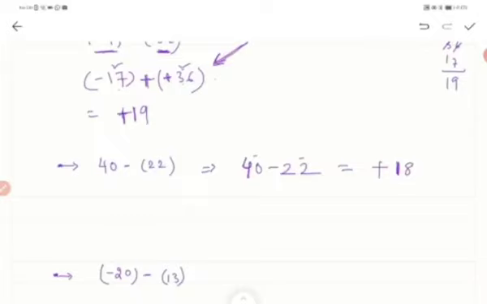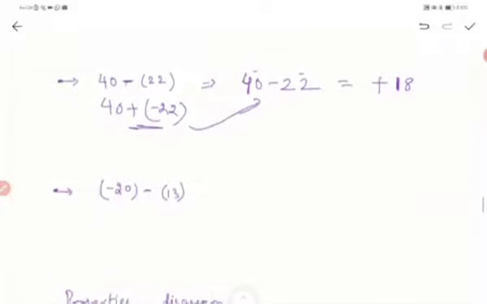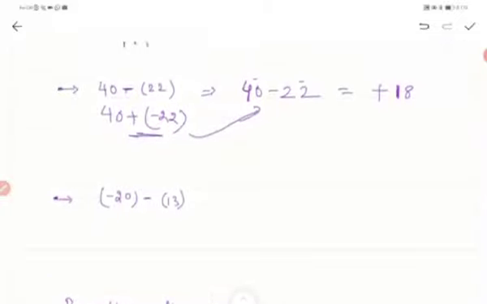If you go according to the additive inverse, I will convert this into plus, and the additive inverse of plus 22 will be minus 22. So this and this are the same. Every time, for taking the additive inverse, don't get confused.